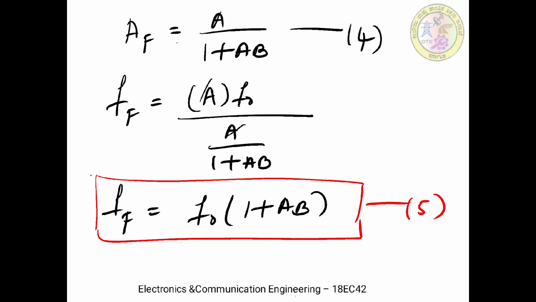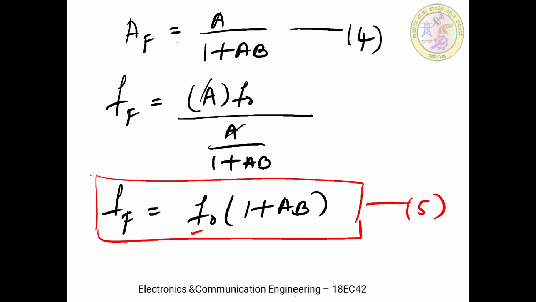Equation 5 indicates that the bandwidth of a non-inverting amplifier with feedback, FF, is equal to the bandwidth of the amplifier without feedback, that is F naught, into 1 plus AB.